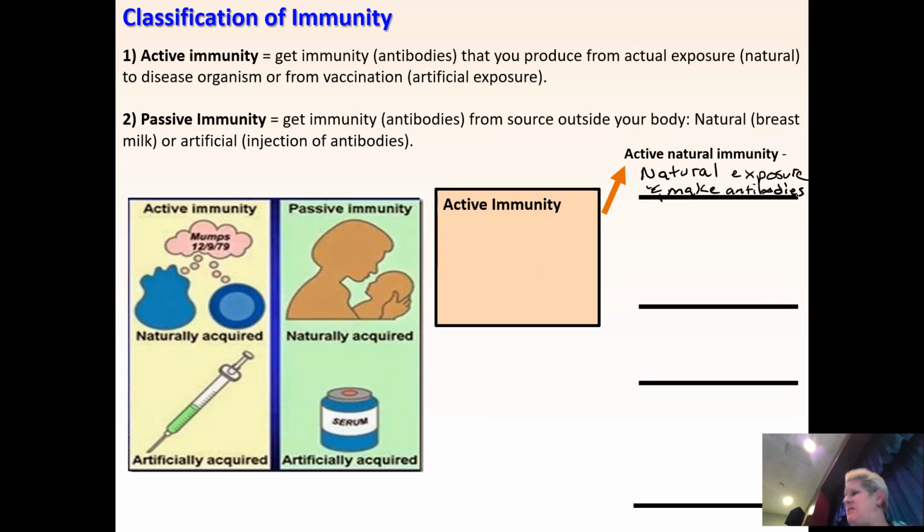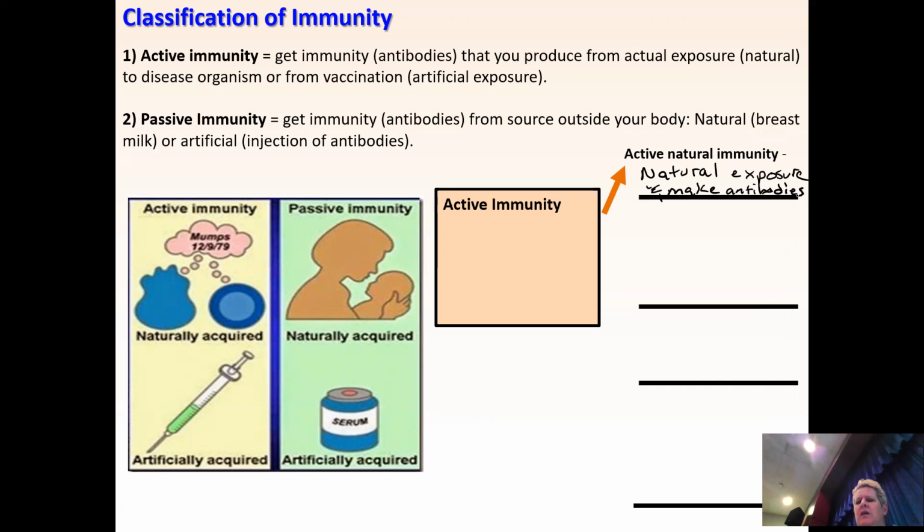This is how a lot of our immune system functions. We're exposed to something, and then our body goes through that process, 2 to 3 weeks. Your innate immunity is protecting you in the meantime. And then once antibodies are formed, hopefully you're good for a while. But it is active. Your body has to do the work.